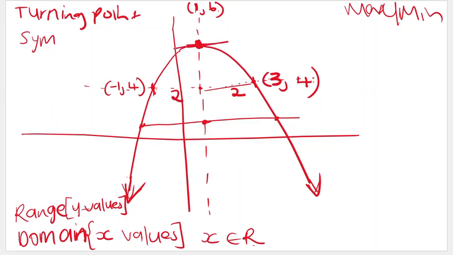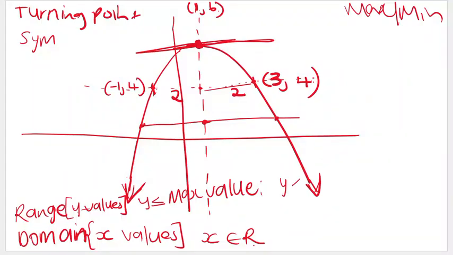This means that our graph cannot go beyond this. So in this case, y must be less than or equal to the maximum value. If our maximum value is 6, then we'll say the range is y less than or equal to 6.